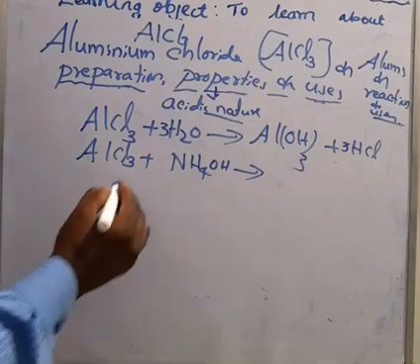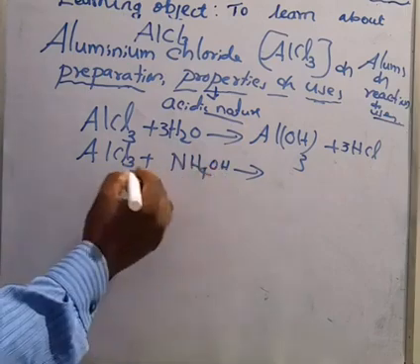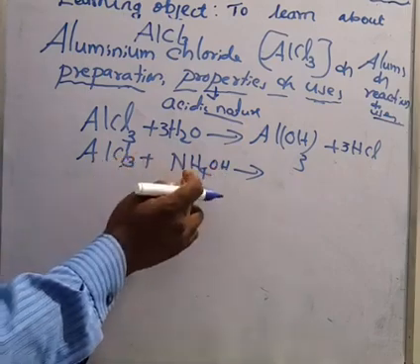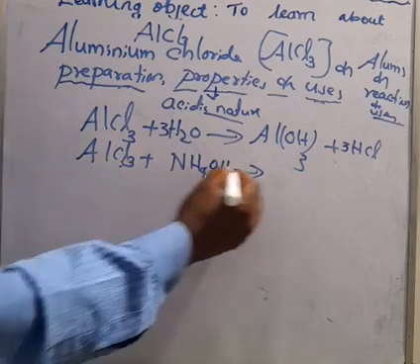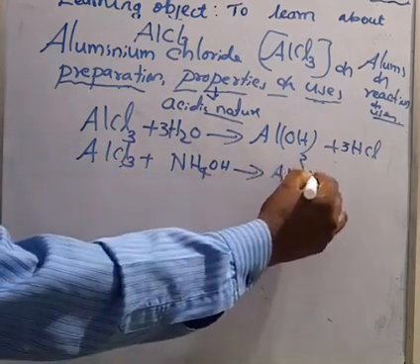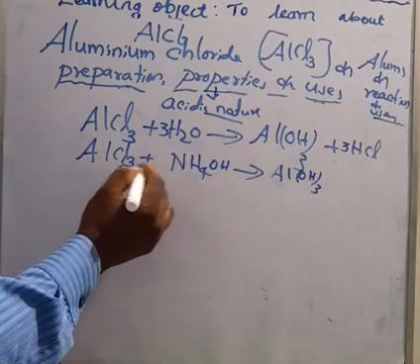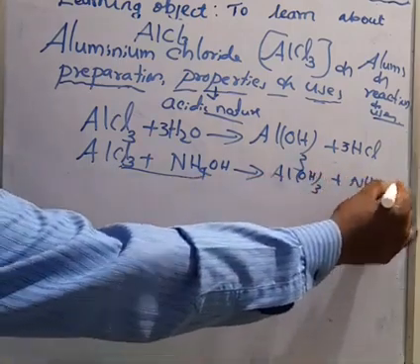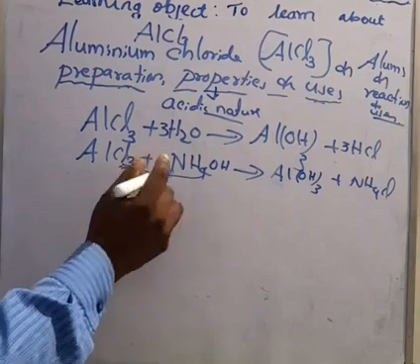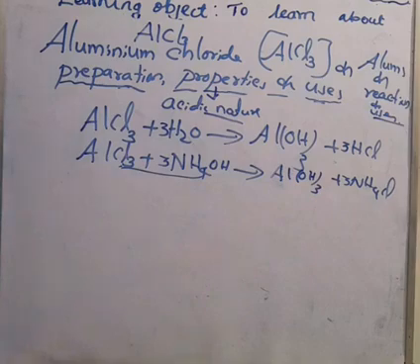AlCl3, aluminum chloride, reacts with NH4OH, we get aluminum combining with the OH to form aluminum hydroxide, Al(OH)3, plus ammonium combining with the chlorine to form NH4Cl. How much chlorine is there? 3 chlorine. So how much ammonia is there? 3 ammonia. Now it is balanced.